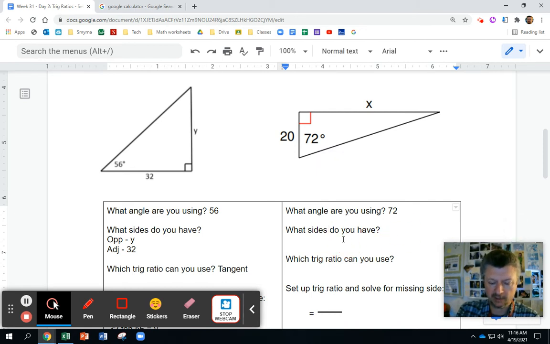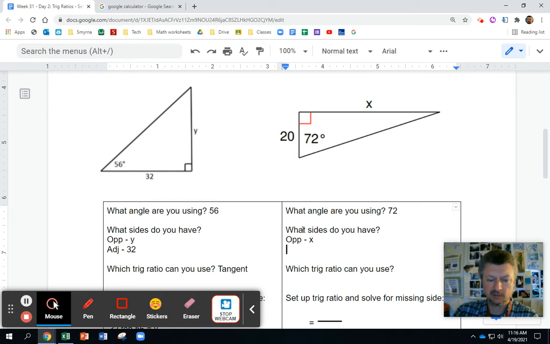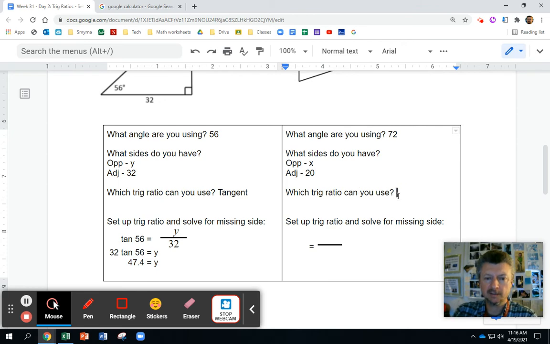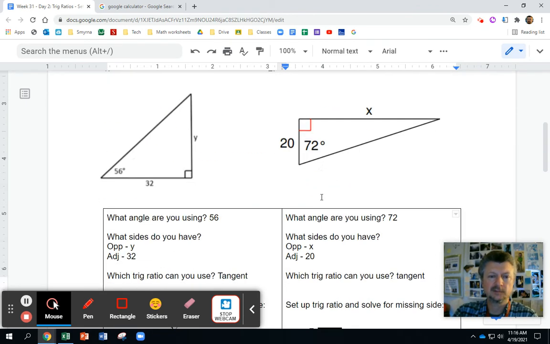We have the opposite, which is x, opposite 72. And we have the adjacent, which is 20. That's got to be the adjacent because there's nothing here for the hypotenuse. All right, we're using tangent again because we have opposite and adjacent.